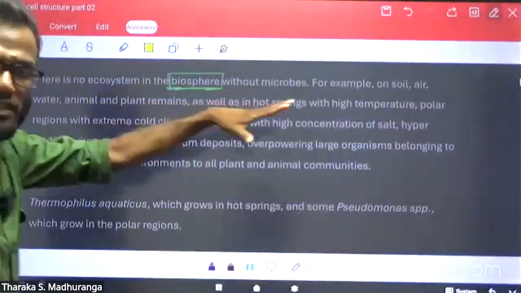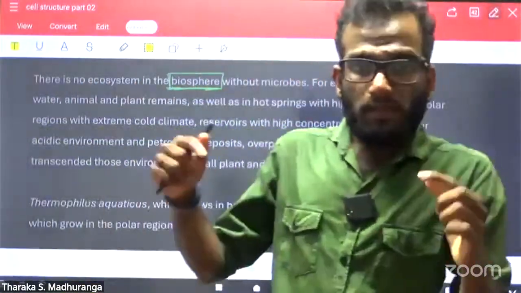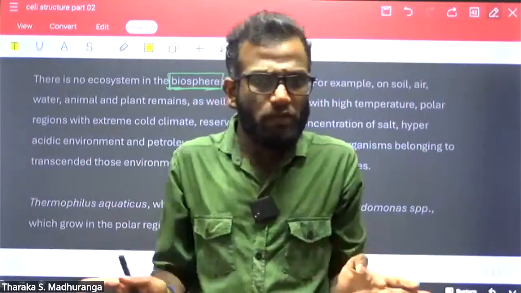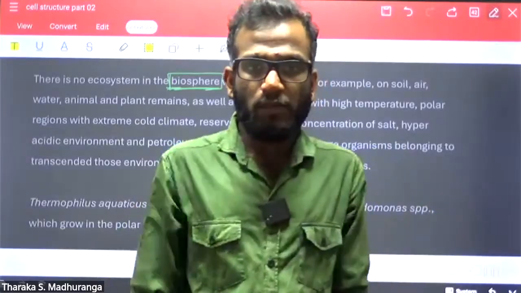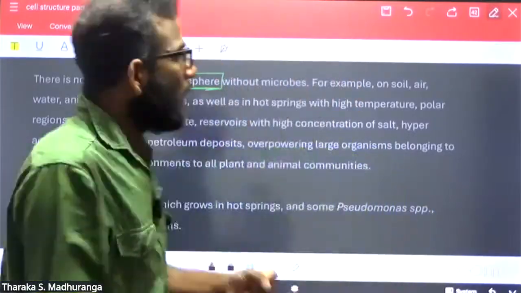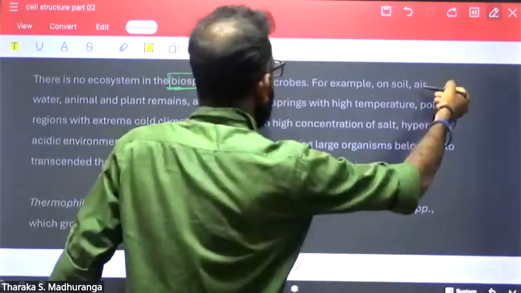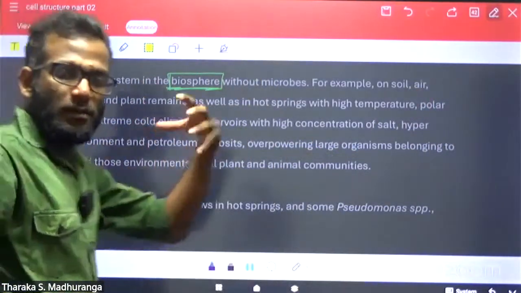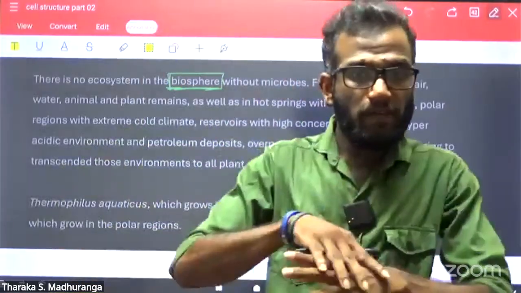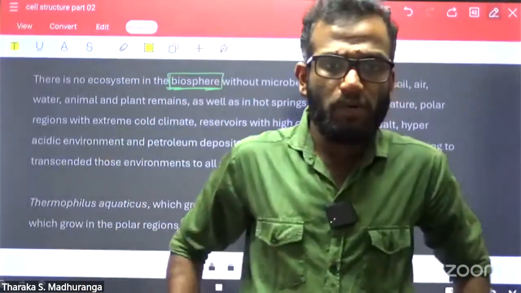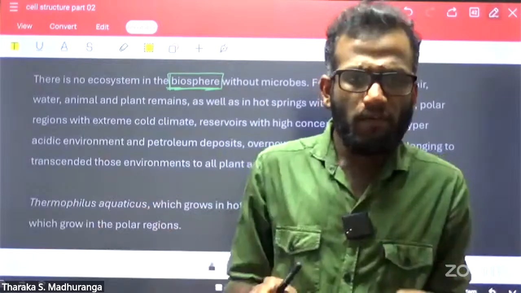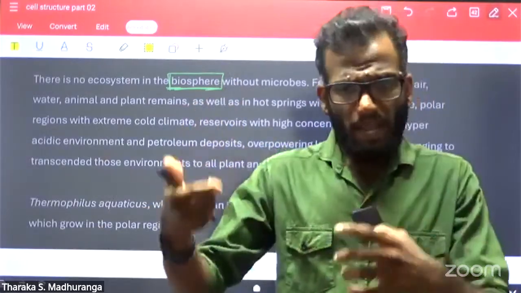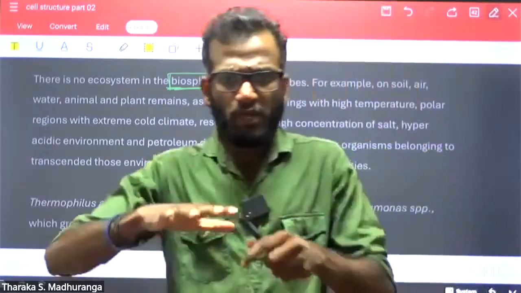If we consider microorganisms, in every biosphere on Earth, microorganisms can live. For example: soil, air, water, and the surface and inside of animal and plant bodies. They can live there. These are normal environments where microorganisms, plants, animals, all organisms can live without any problem.